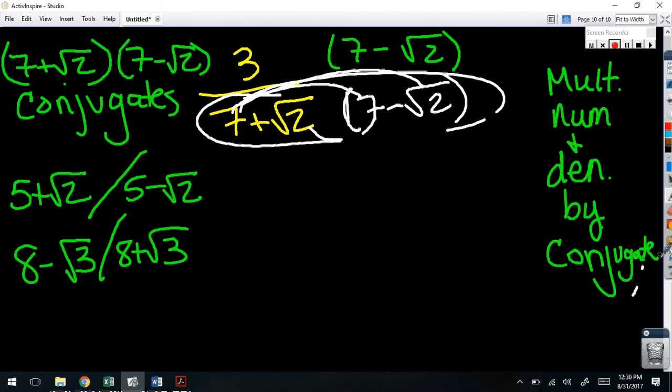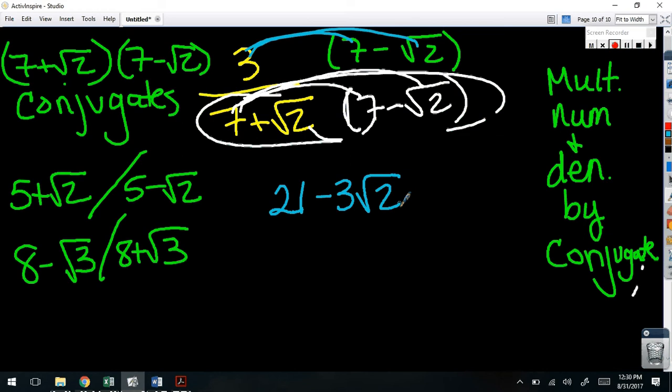Running out of room here. All right, so let's look at the top. Distribute that 3 through. 3 times 7 is? 21. Good job.